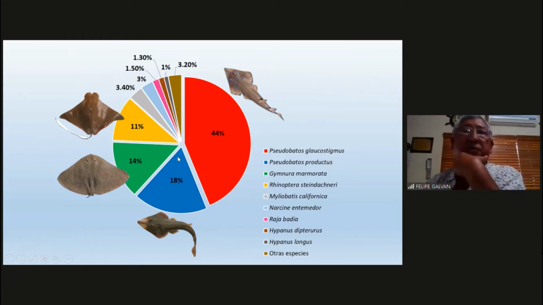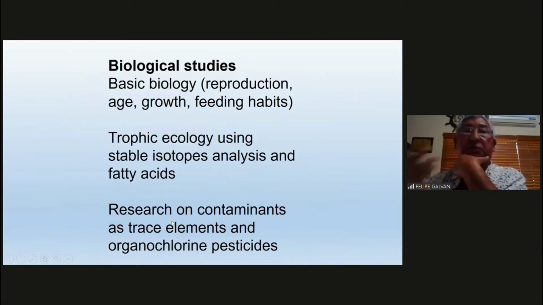These species are very important in the fisheries, and humans are feeding on these animals. So it's very important to do biological studies to know reproduction, age, growth, feeding habits, to know the demography. All this information is important to give data for the protection or management of the different species in the Gulf of California.